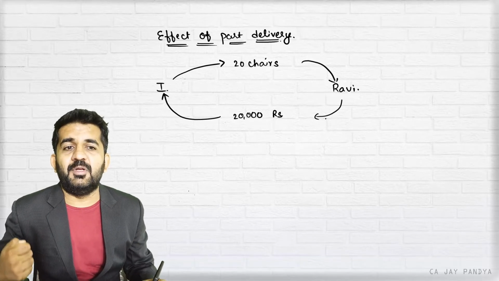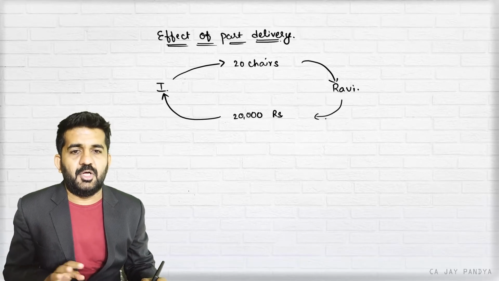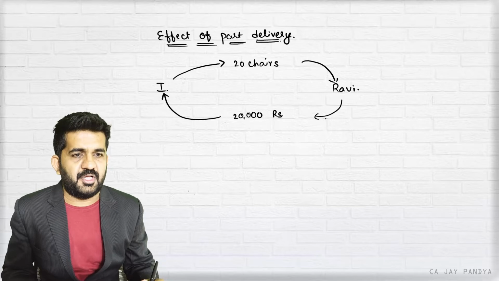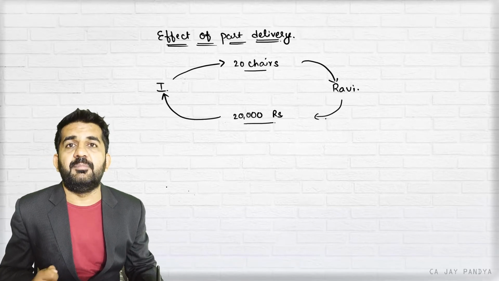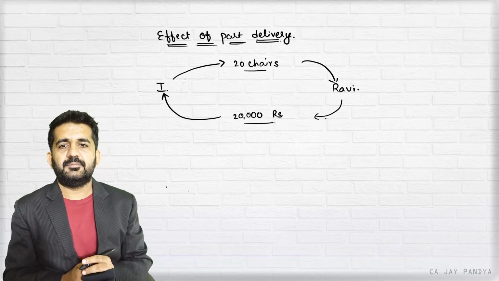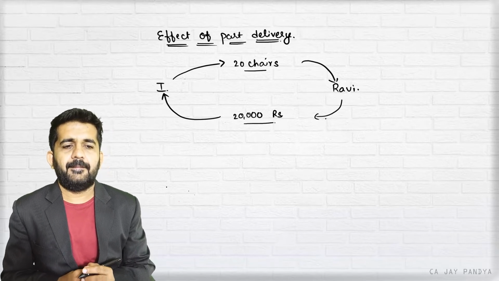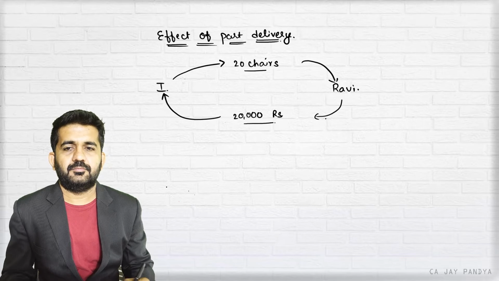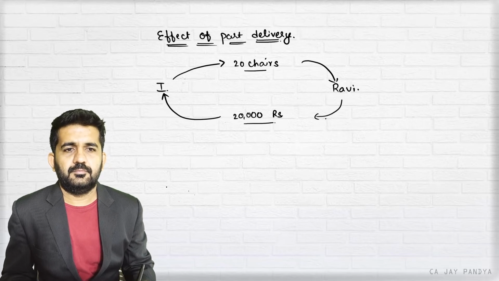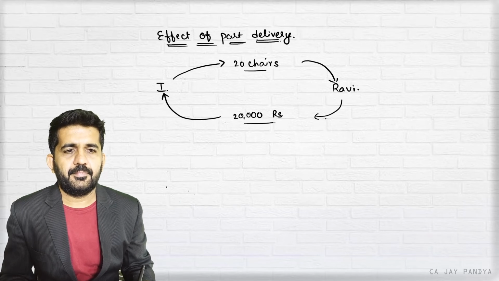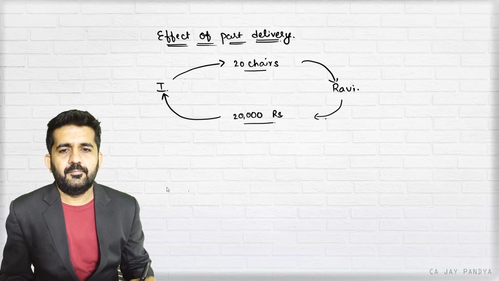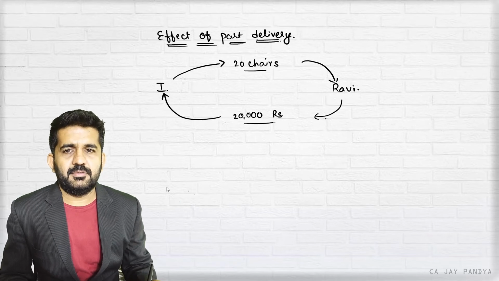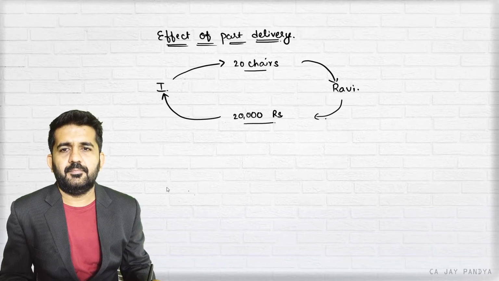Can anyone tell me the rules of when ownership will be transferred? There is a movable property, and the price is to be paid. When will ownership be transferred in this case? Anyone? Dishita says at the time of delivery.